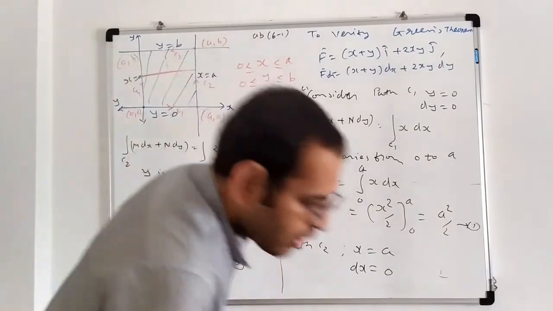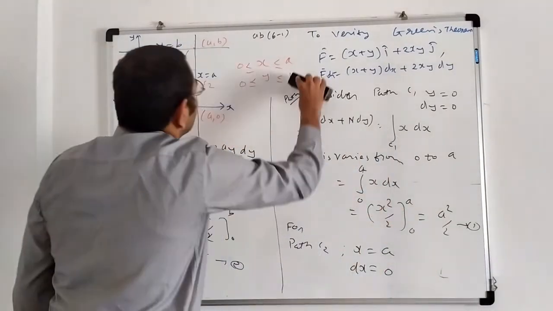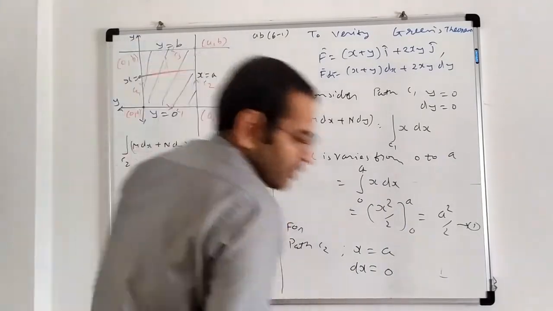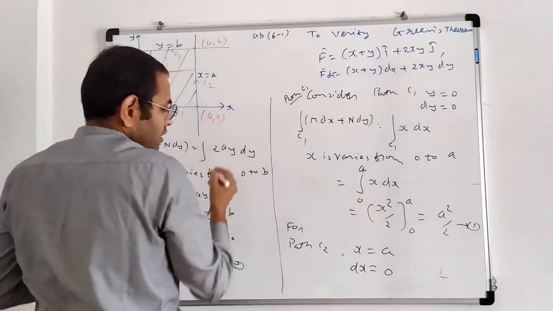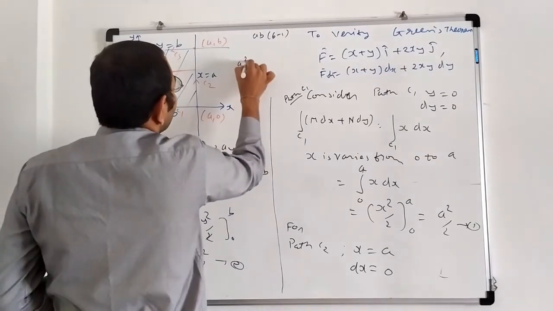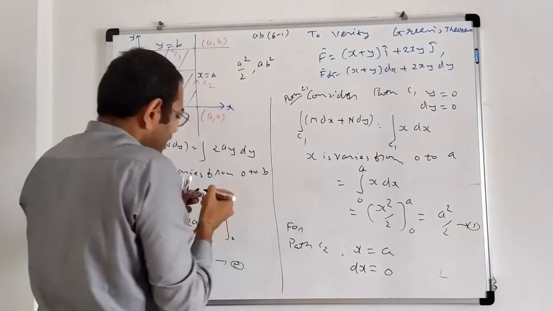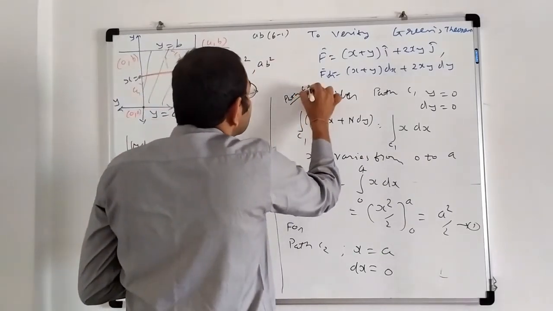Then for path 1 and path 2 we get the answer: the first path gives a square by 2, the second path ab square. Now path C3.